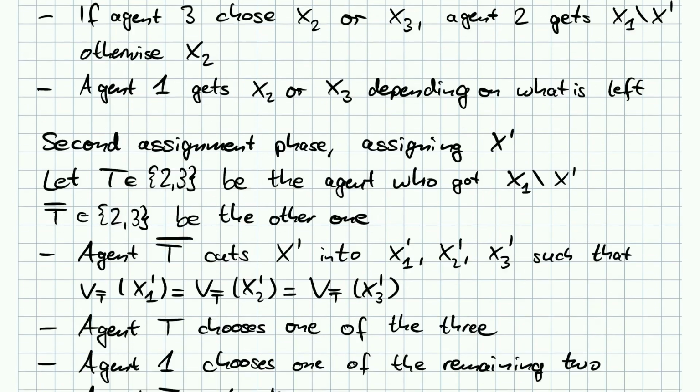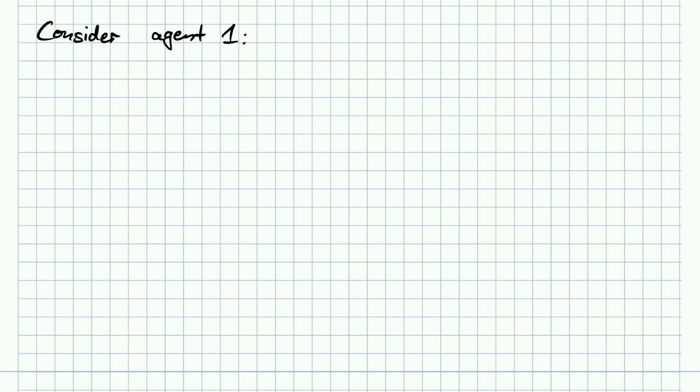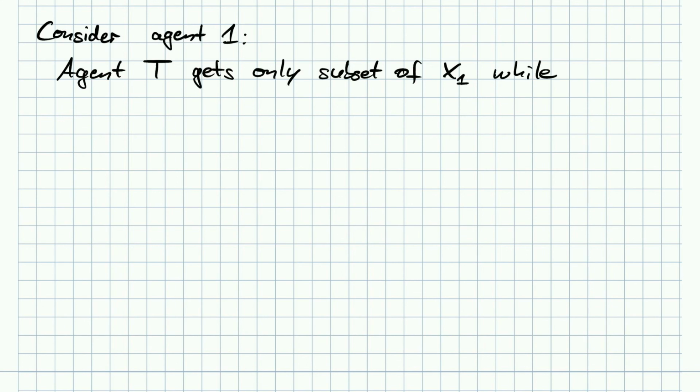So agent T gets only a subset of x1. Well, agent 1 actually originally cut the pieces so that they are all the same.